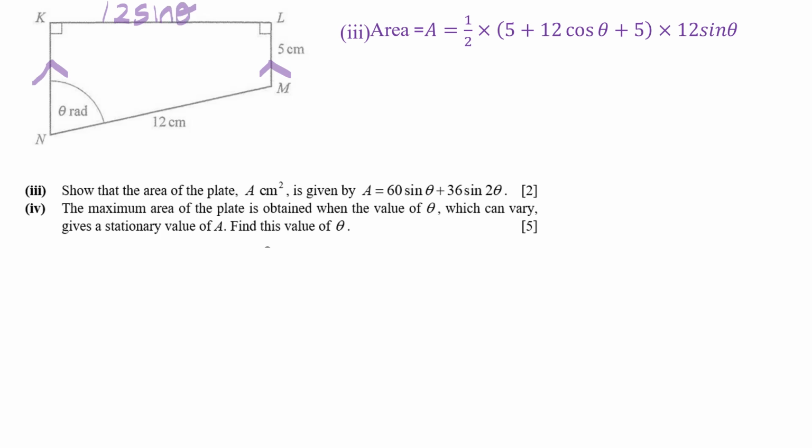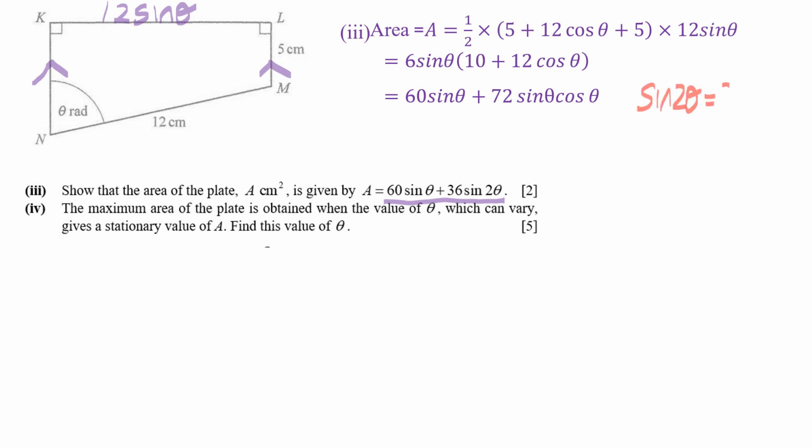Alright, so we're going to show that that value is equal to this. So how do we show it? Let's open up the bracket. If you remember your double angle formula, sine 2 theta is 2 sine theta cos theta.